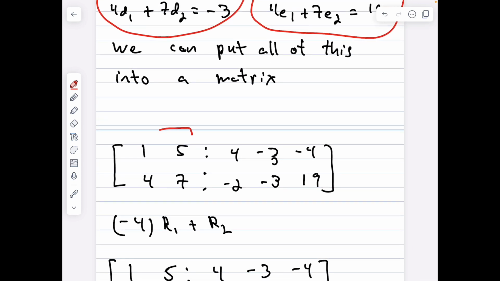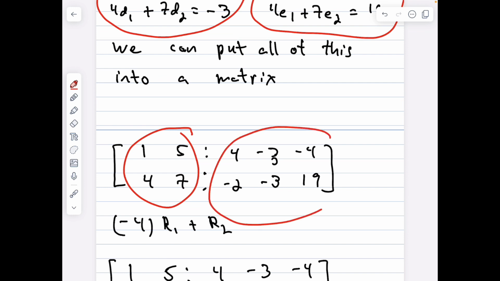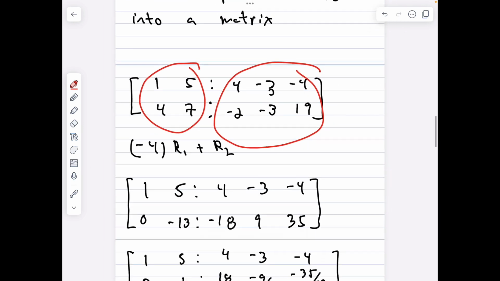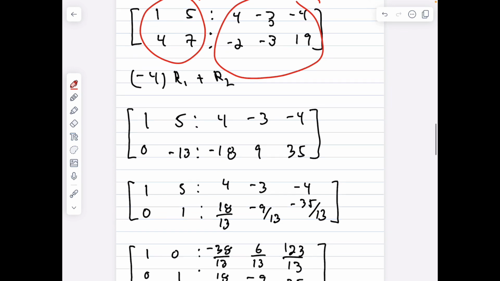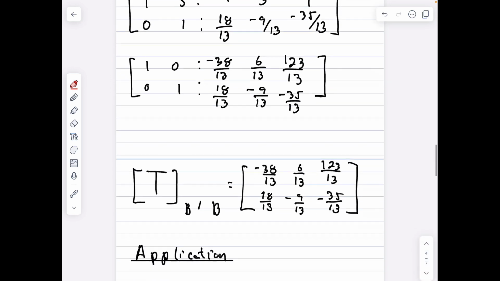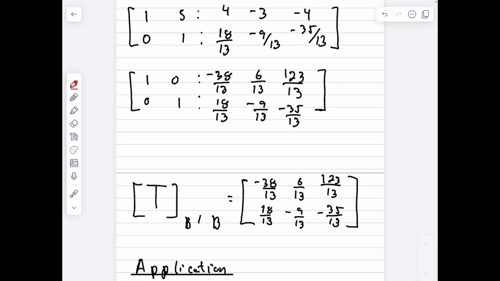This is the coefficient matrix, and these are all your values here. And I went ahead and row reduced, doing a bunch of the usual things that you use in linear algebra. And finally, once you row reduce to the identity, whatever's left there is the matrix that you're looking for.